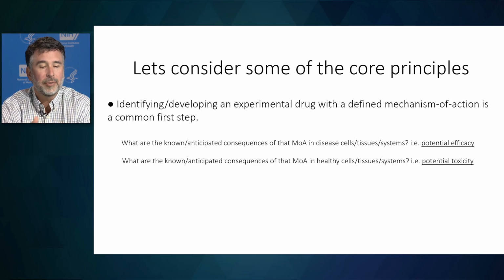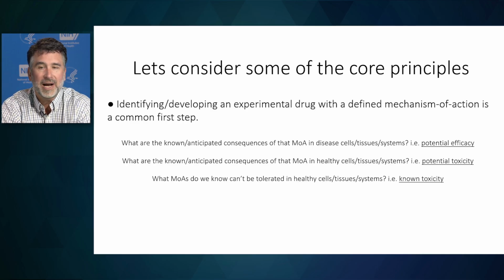Now, we also try to anticipate the consequences of the mechanism of action of that drug, or future drug, on healthy cells, on healthy tissues, on the system at large. Because it's oftentimes that mechanism of action working systemically that creates the dose-limiting toxicities that will define how much of a drug can be given to an individual patient, the potential toxicology.